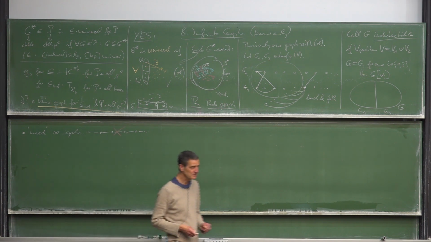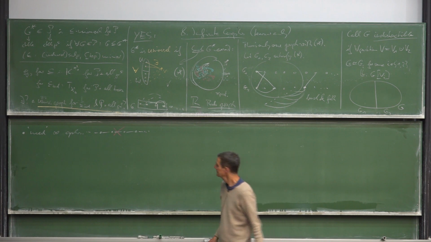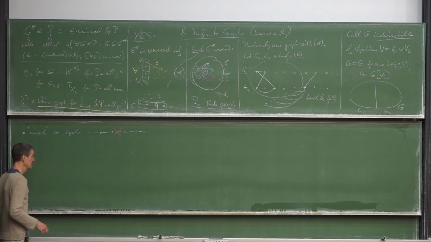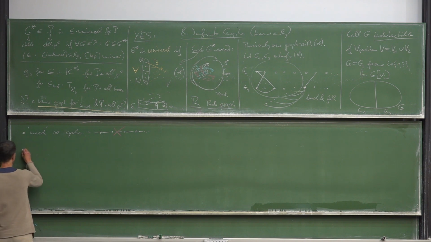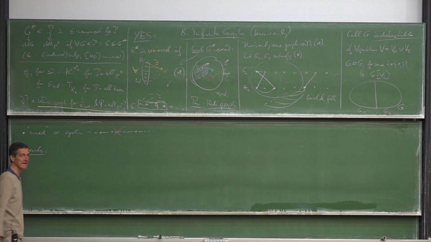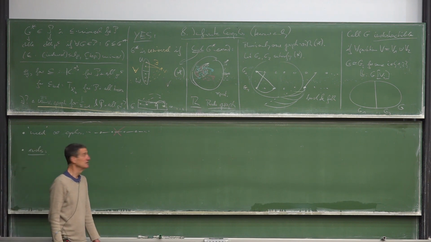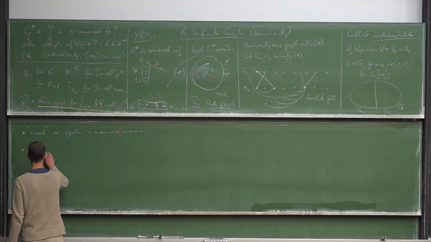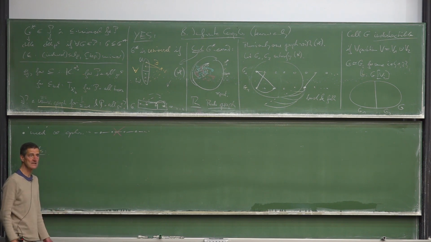Okay, in order to have something round that looks like a cycle, we need ends. Ends for a graph are things like points at infinity.